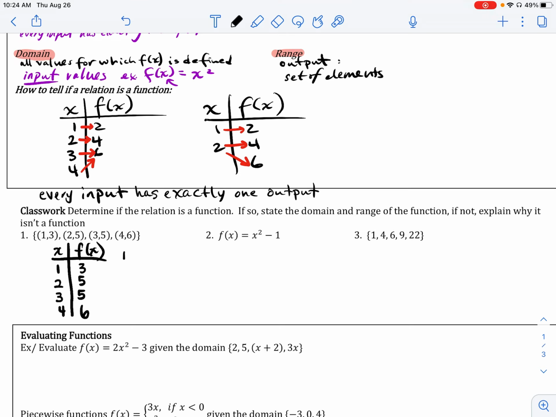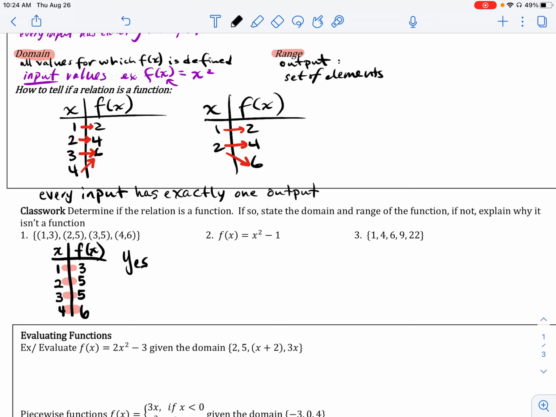And the answer is yes, this is a function because we're seeing here that 1 gets mapped to 3, 2 gets mapped to 5, 3 gets mapped to 5, and although these outputs are the same, 2 has just one output, which is 5, 3 has just one output, which is also 5, but that's fine because it has just one output, and 4 has one output, which is 6.